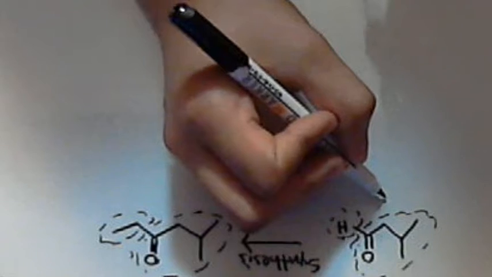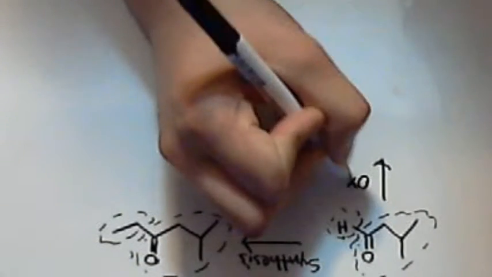Well, again, we can't do that in one step. We don't know any reaction that allows us to go straight from a hydrogen to a leaving group. But what we do know is a reaction that allows us to go from a carboxylic acid to a leaving group. So we're going to go straight to a carboxylic acid from this aldehyde we have here.